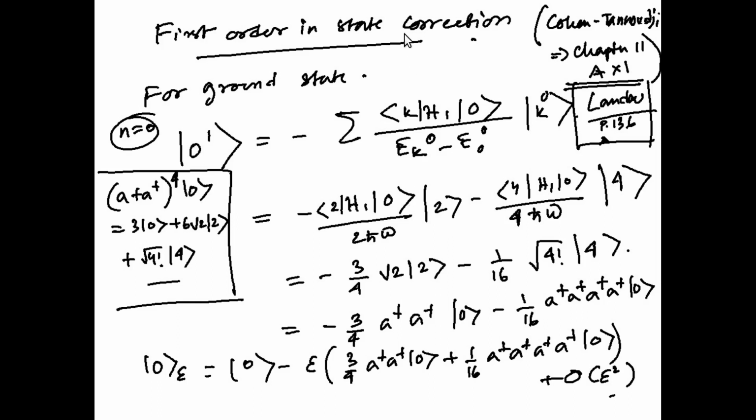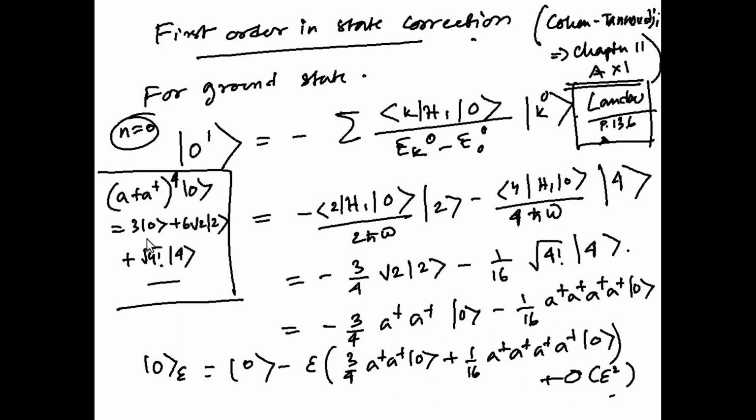Okay. So now let's work out the first order state correction. You can read the details from the references I pointed out, Cohen-Tannoudji and Landau. So the first order state correction looks like this. You know the standard formula. Now we expand it. There is a form which I would suggest you work out very quickly. Just expand this binomial expansion, apply a and a dagger.